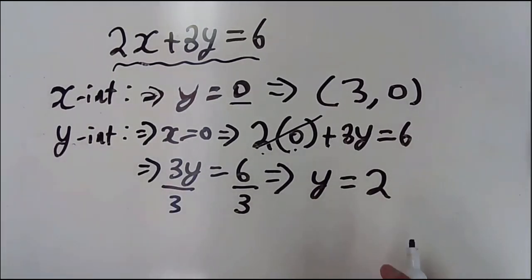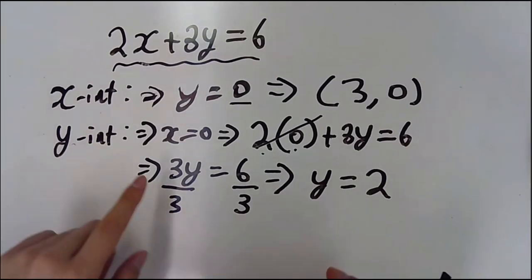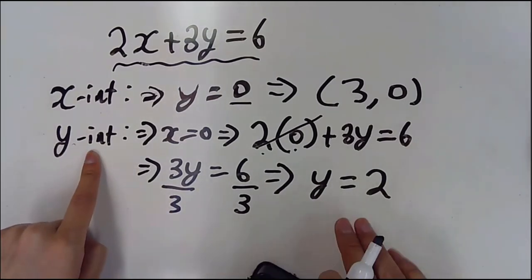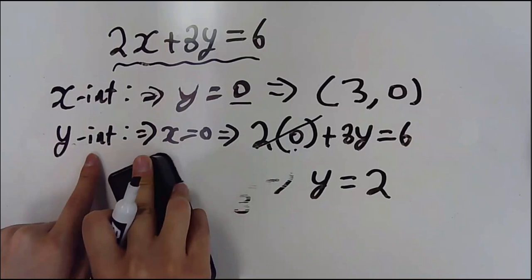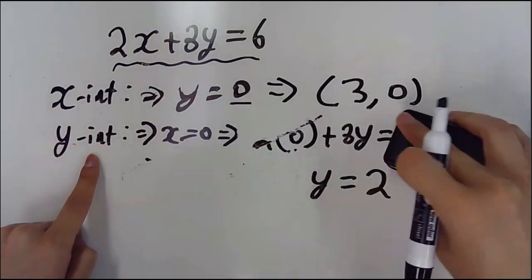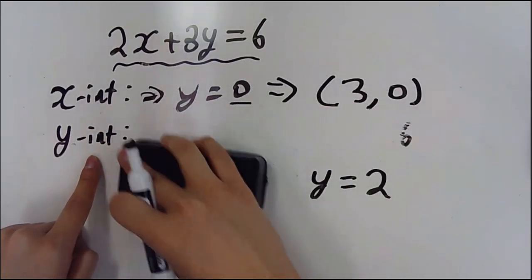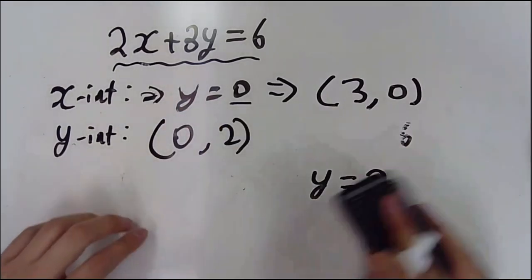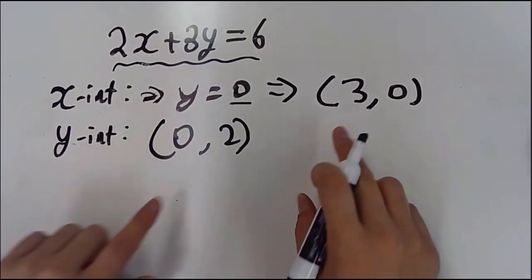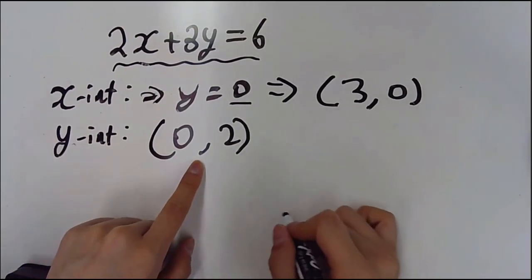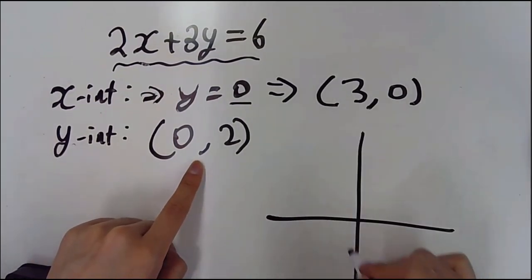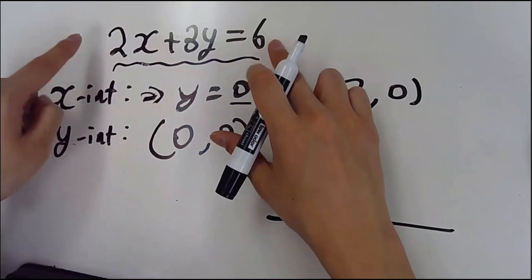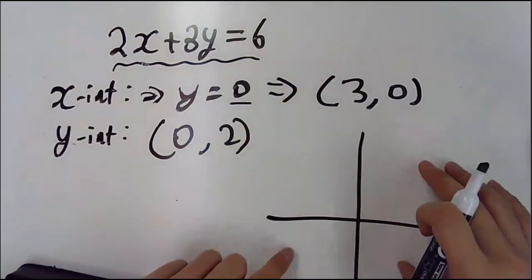And that means that my y-intercept occurs at the point (0, 2). So now with this information, since I know 2 points on the graph, I can just draw these 2 points and easily graph this function on the grid.